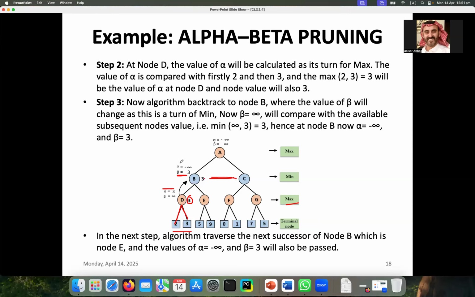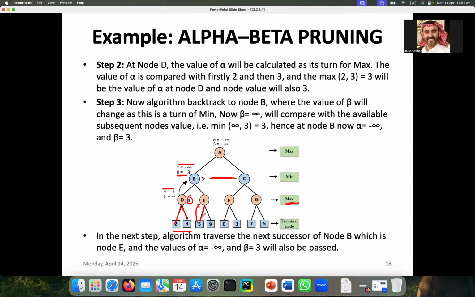Now beta is 3, and alpha, from the previous information, is minus infinity. We are at this point. When you open this E, and open this first branch, that is 5, that 5 will go up here, which is the information for the max player, the information for alpha.